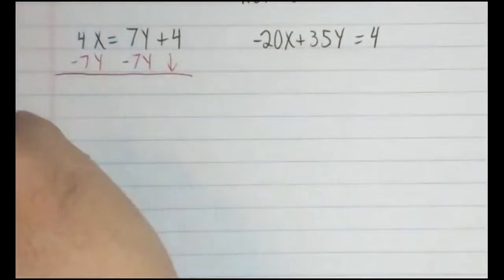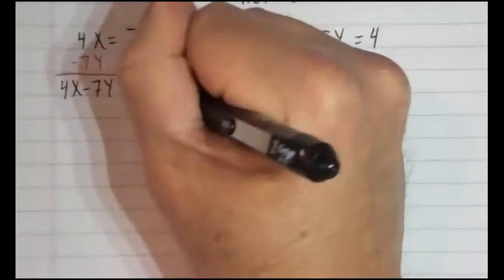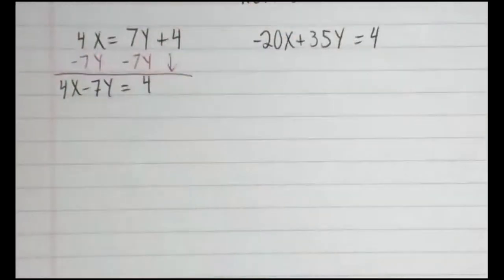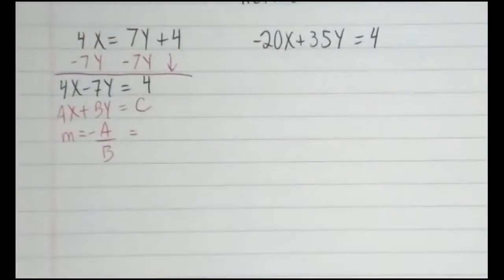The easiest way to do that is to get the x and the y on the same side. So if I subtract 7y from both sides, I'm going to get 4x minus 7y equals 4. So now it is in the standard form I wanted, ax plus by equals c, because once it's in that form, I can use this equation to find the slope.